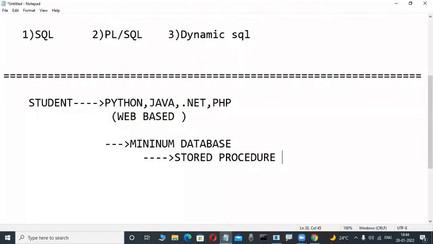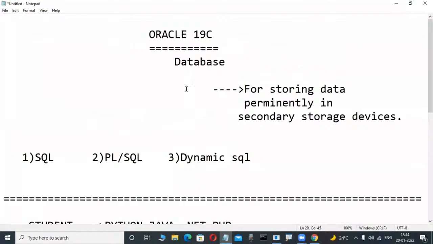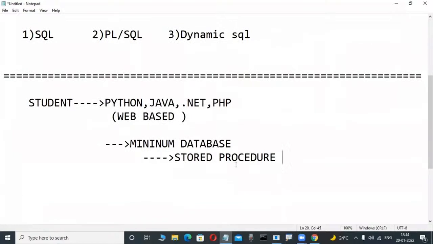So many predefined queries they ask, to check whether at least minimum knowledge is there. Because these front-end developers also need minimum knowledge, either Oracle, SQL Server, or DB2, anything. That's why so many fellows are learning courses like this.